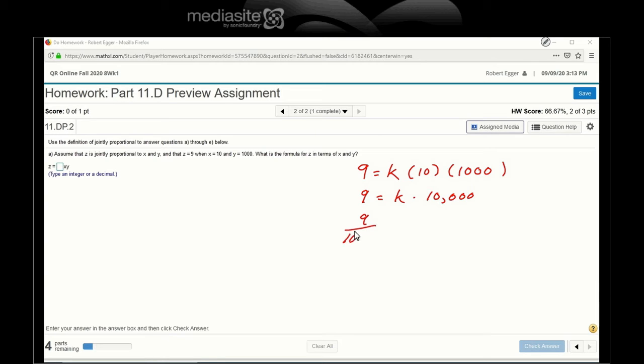So 9 over 10,000 equals k. And from a previous lesson, 10,000ths is 0.0, count the zeros, 1, 2, 3, 4. Tenths, 100ths, 1,000ths, 10,000ths is 0.0001. So 9 times 0.0001 is 0.0009, which is k.